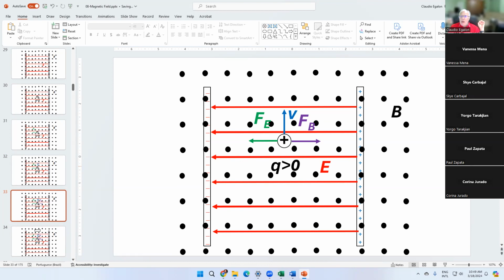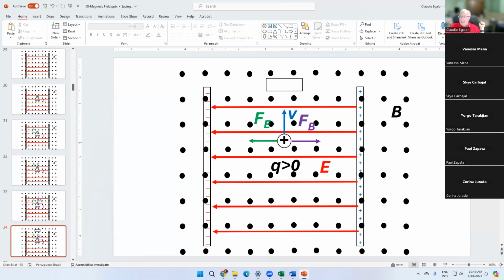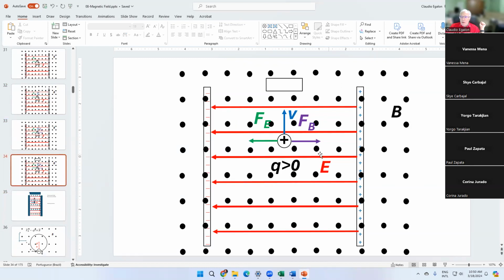If the velocity is just right, the net force applied to this charge is going to be 0, and this particle is going to move in a straight line until this detector here, that can be our phosphorescent screen that you saw before. If the velocity vector is not just right, then the particle is going to be deflected either to the right or to the left. Make sense?